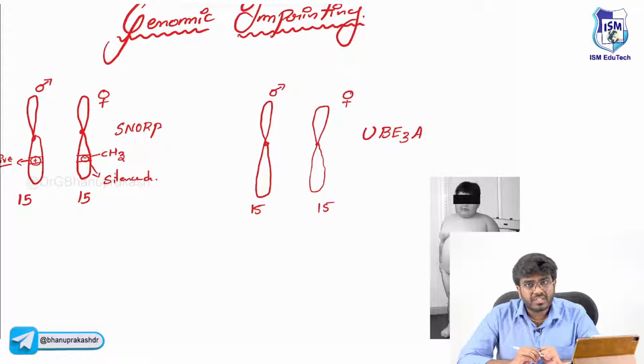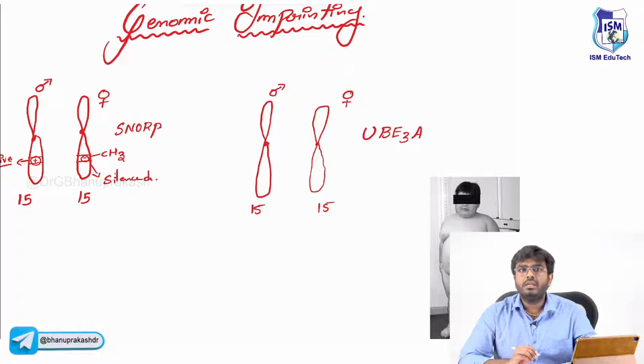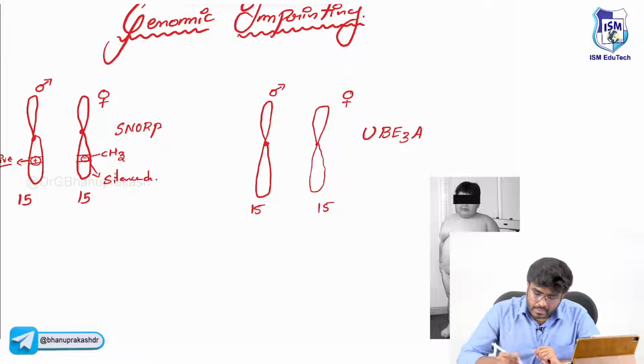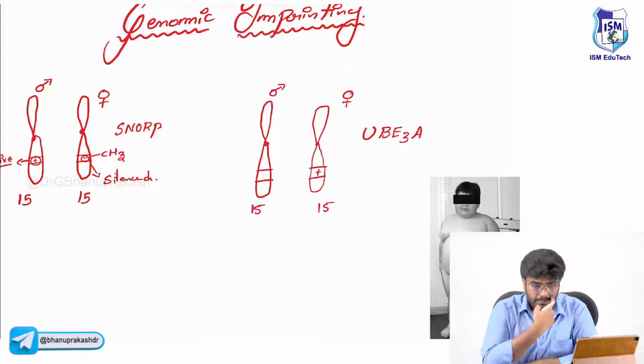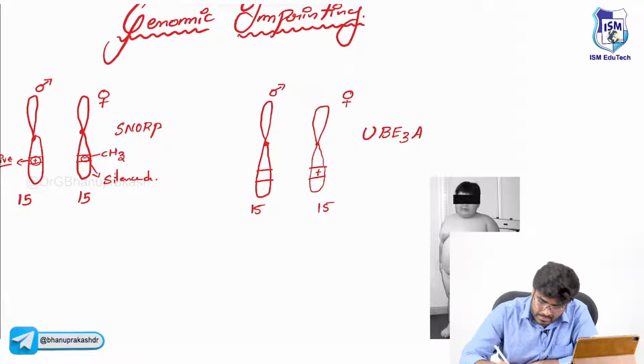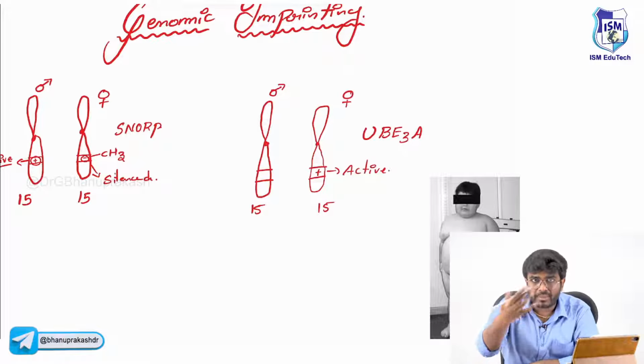Yes, especially for the PG exam. This is very much important: the SNRP gene and the UBE3A gene. The same genes are present both on the mother as well as the father. But in the mother, this UBE3A gene is active. Active means it is going to be expressed.